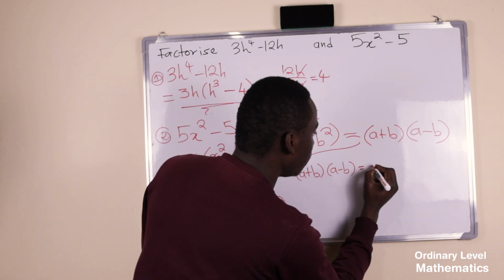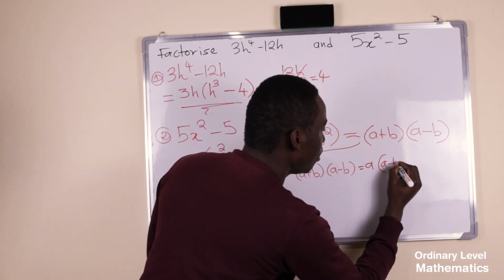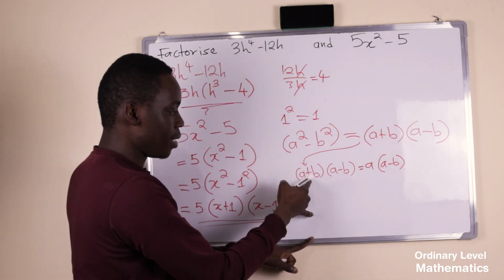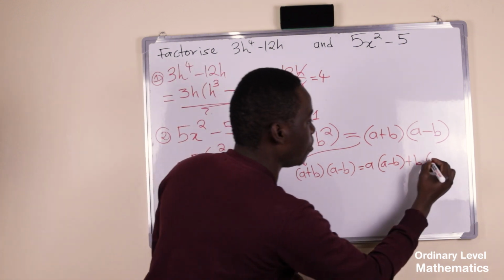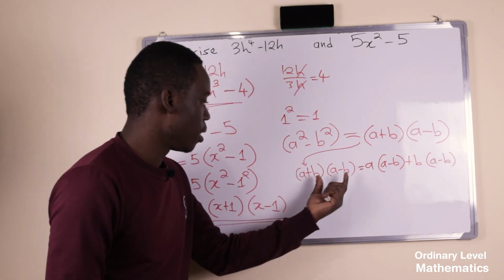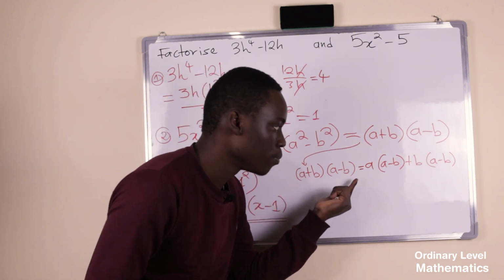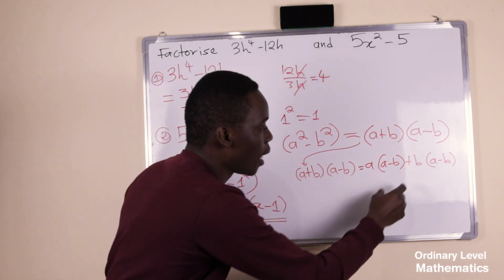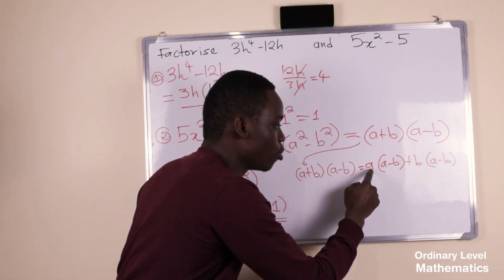So I'll write it here, a open bracket a minus b plus b, a minus b. This is the same thing we've done. We've just multiplied a times everything here and b times everything. And if you remember, when you're factorizing, these are the same, hence you keep one and keep the rest, which is a plus b.